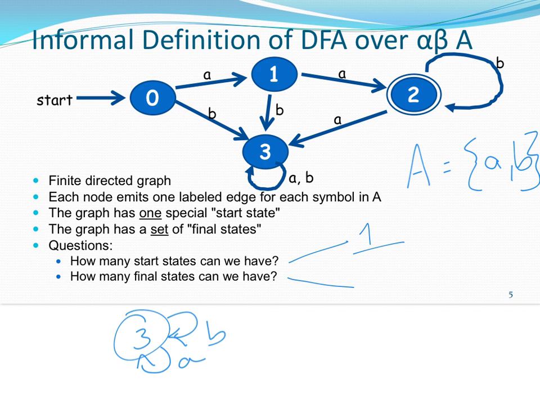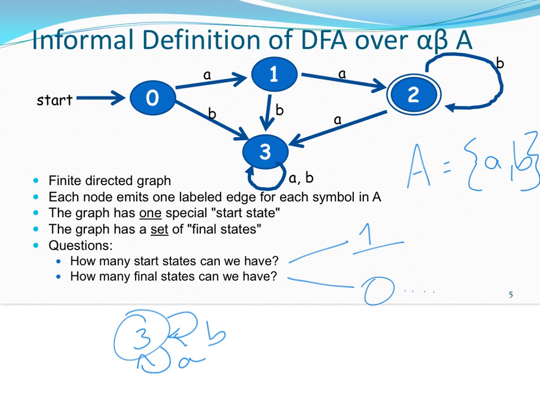The fewest number of final states that we can have, well, we're told the graph has a set of final states, so we can have 0 final states, right? And we can't have an infinite number of final states, right?